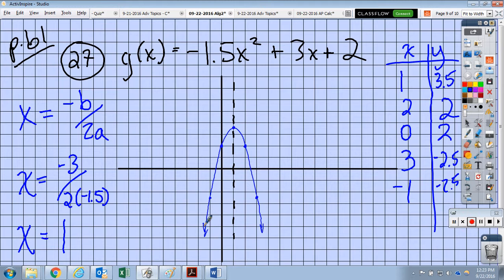Again, the directions for this problem were to graph, label the vertex, and axis of symmetry. The vertex was (1, 3.5), and the axis of symmetry was this line.